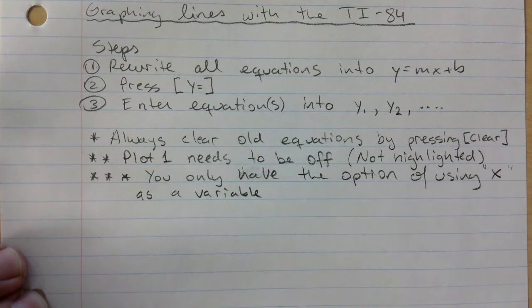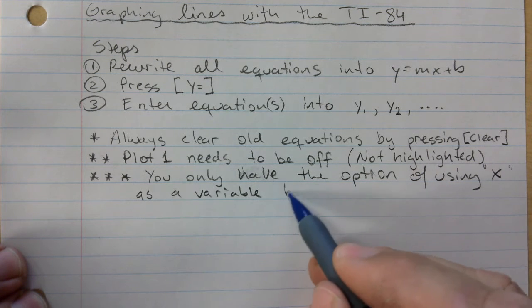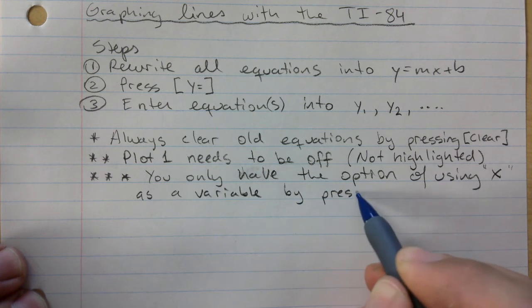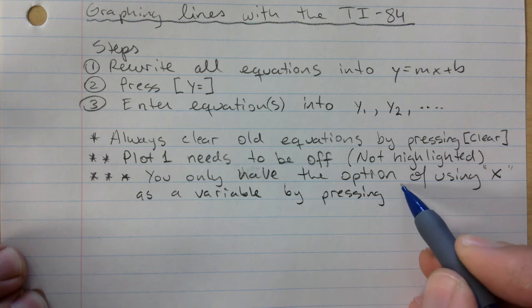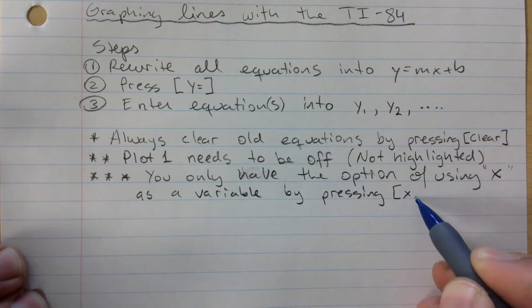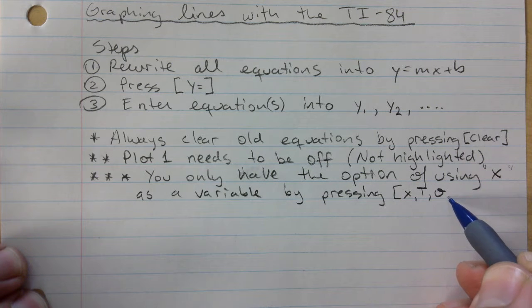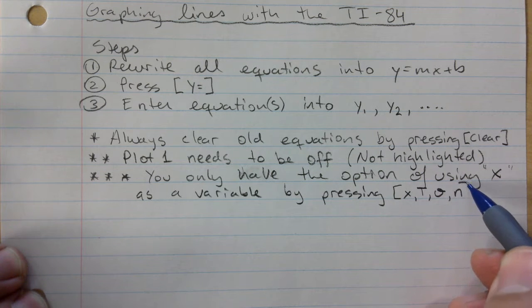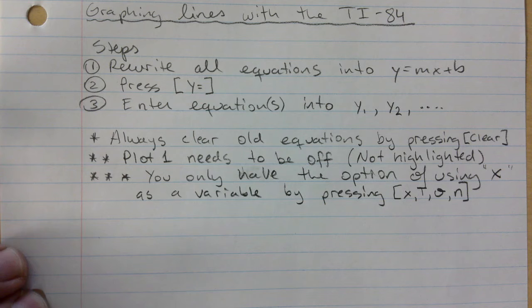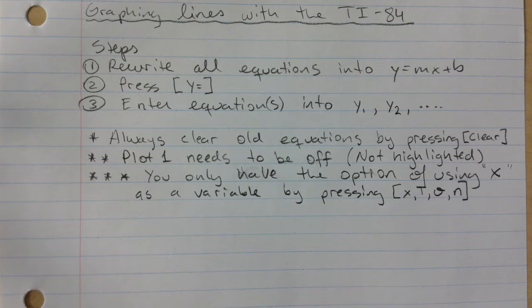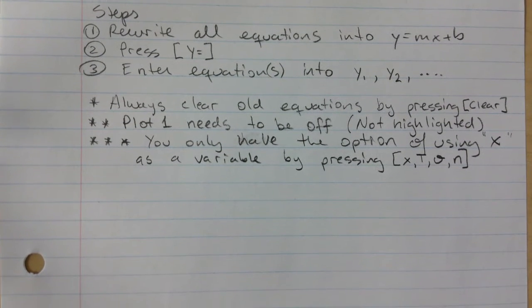So if the equation has t or s or something, you're gonna have to replace it with x, of course, by pressing this button. It's x t theta n. So the reason why it has many variables to it, because we are never going to use the t or the theta or the n. You use only x in this course.